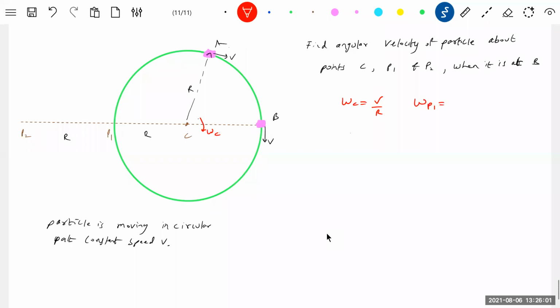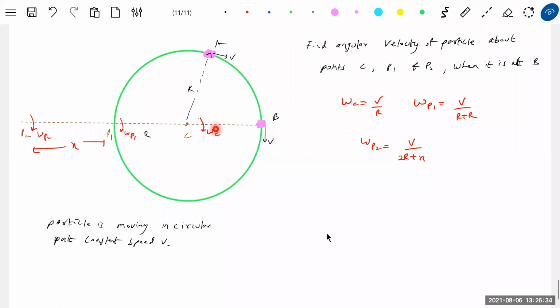Omega P1. The velocity is perpendicular to the position vector, so this will be V by R plus R. Then about this point, it will be 2R, or if you want to write some x, it will become very important for you.